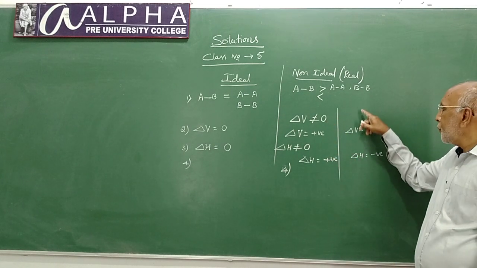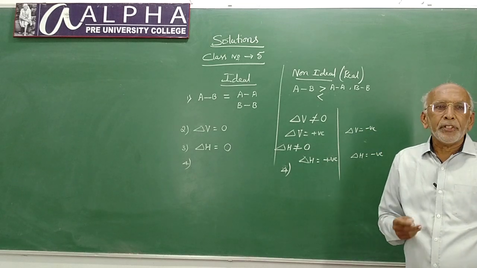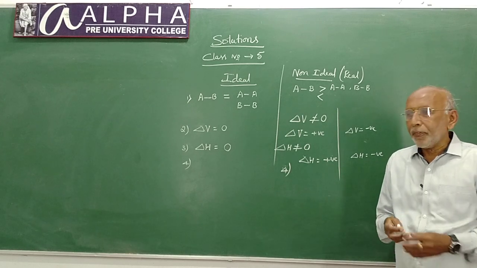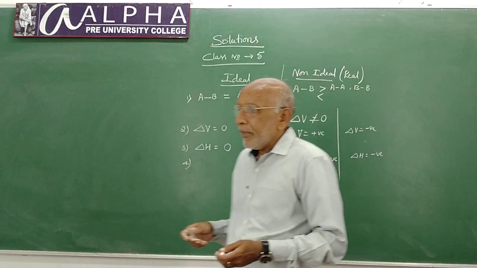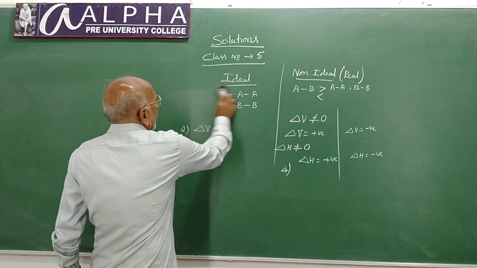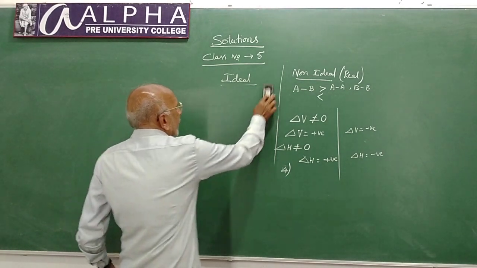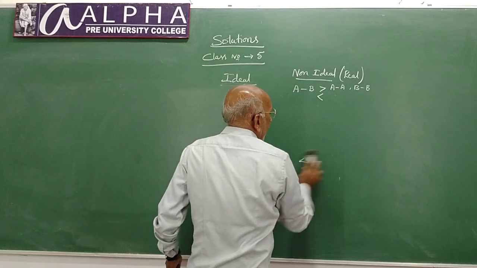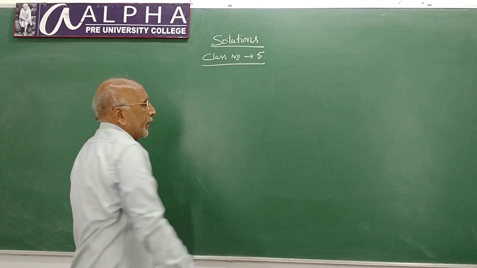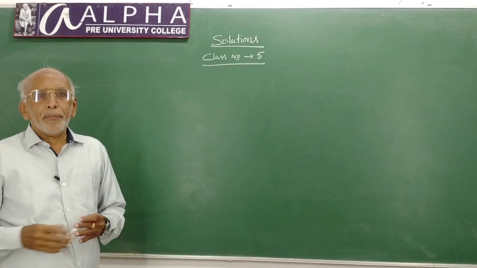Some solutions show negative deviation from Raoult's law. So there are two types: non-ideal solutions showing positive deviation from Raoult's law and non-ideal solutions showing negative deviation from Raoult's law. Okay.